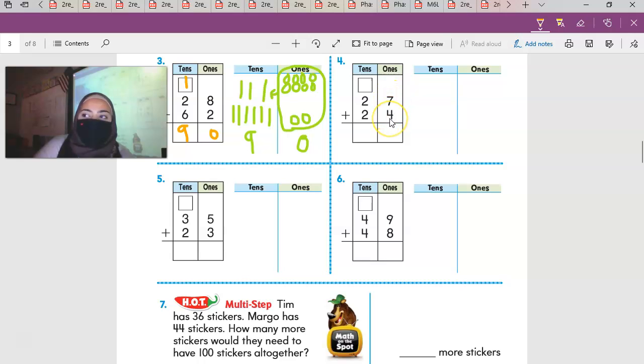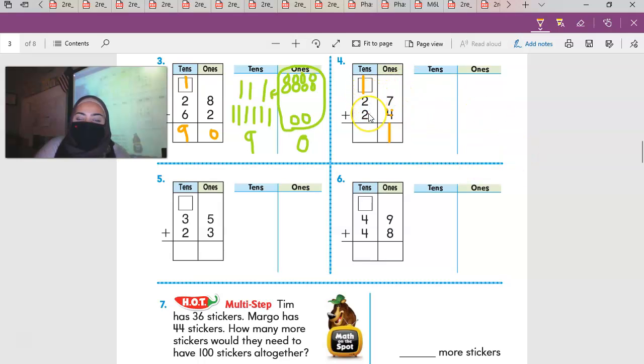What's 7 plus 4? 7, 8, 9, 10, 11. 11. 1 goes here. Is that right? No, I still heard people saying yes. No, that's wrong. 1 stays here, and the other 1 in 11 goes up to the 10s place.